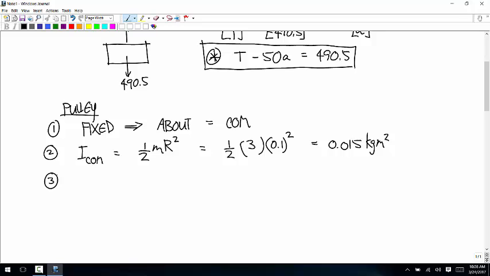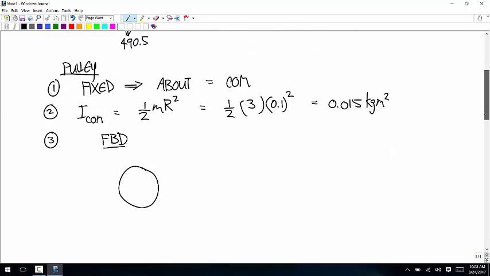And then free body diagram. There's the force in the middle. I'll call that R. That's the force the ground applies to that pin. And then we have this force T down.